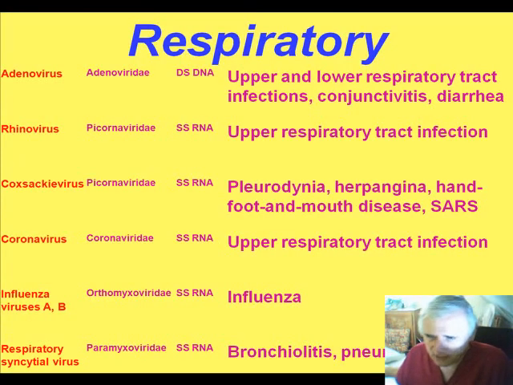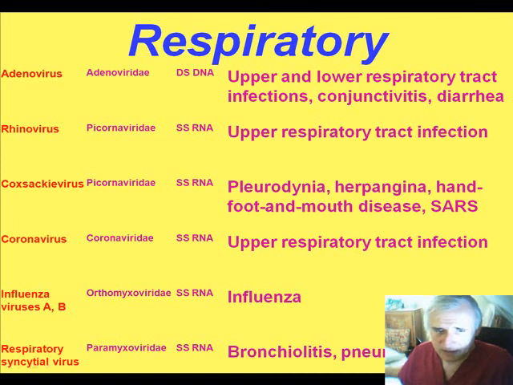Now, once again, we're not going to go into the actual full pathogenicity of all these diseases. We're going to talk about things that you should generally know in a casual kind of way. And when we get to the actual systems, we may very well go into these in greater detail.